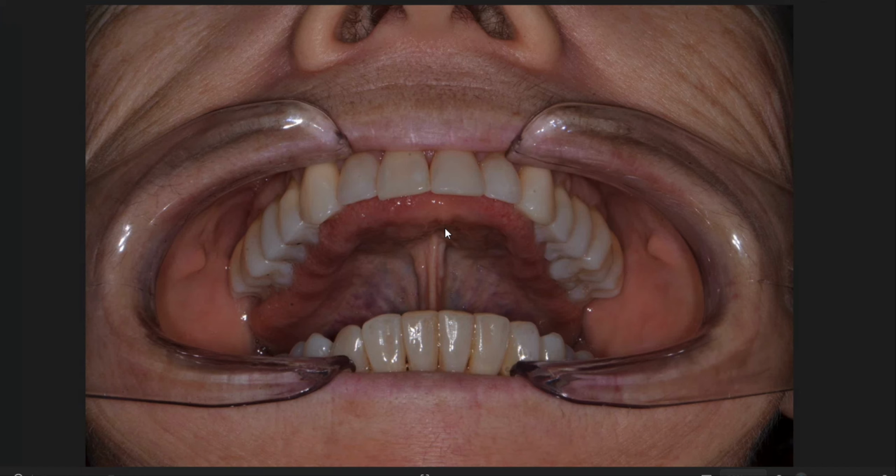Typically, after we create that space, we would suggest patients go through something called myofunctional therapy. Think of the tongue as a muscle that we use every day. We use it from talking, to eating, to swallowing.